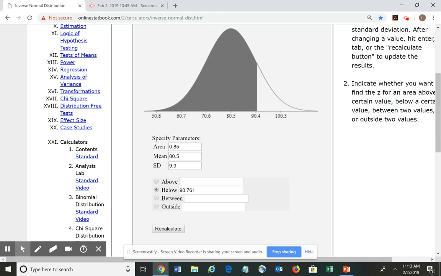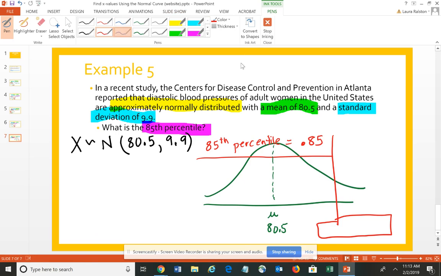I need to be below, and it comes out to be 90.761. So a woman who has a diastolic blood pressure of approximately 91, or 90.8, would be in the 85th percentile.